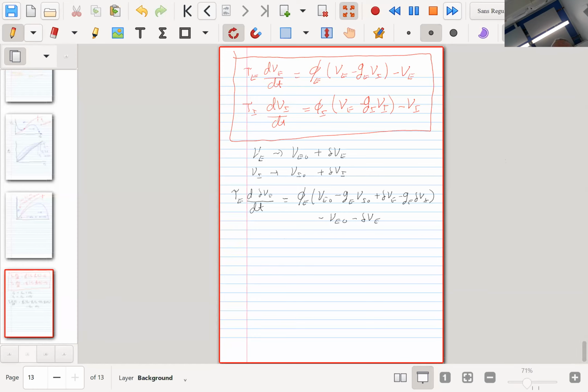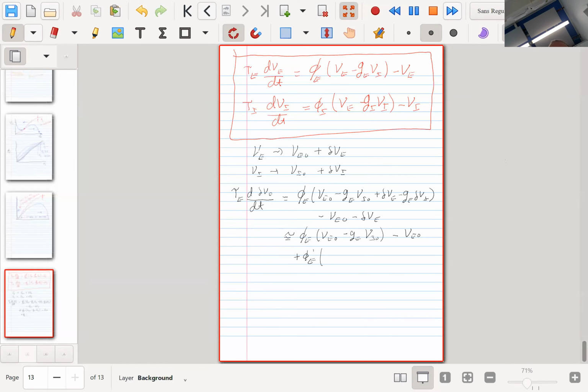So first of all, it's approximately equal to phi E of nu E0 minus GE nu I0, minus nu E0, plus phi E prime evaluated at nu E0 minus GE nu I0, times delta nu E minus GE delta nu I, and then minus delta nu E. And as usual, these two terms cancel.